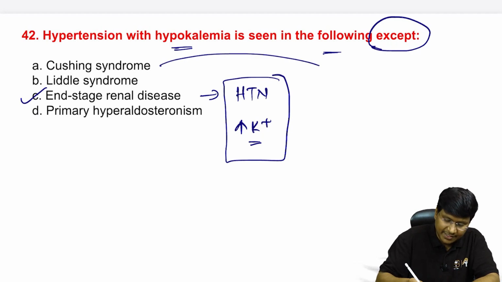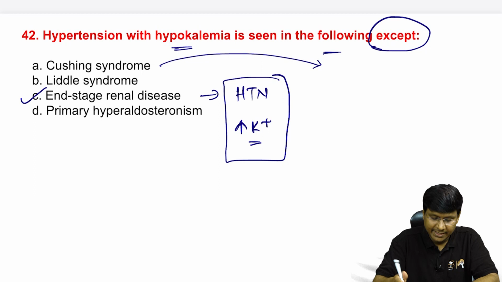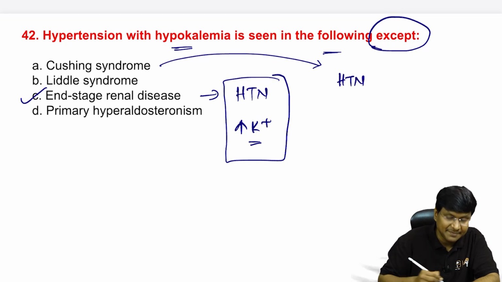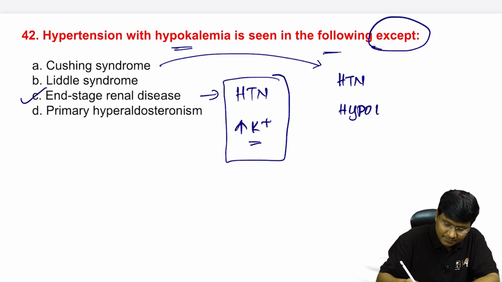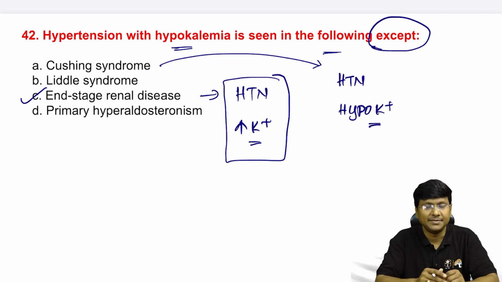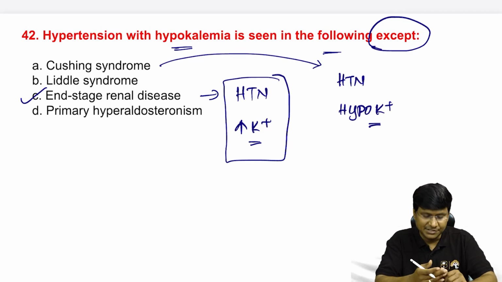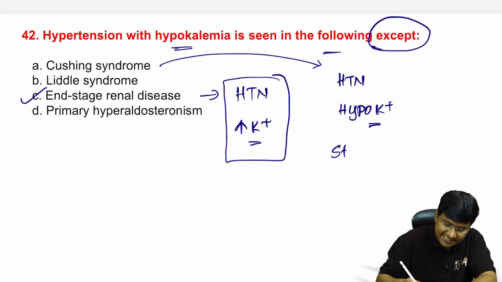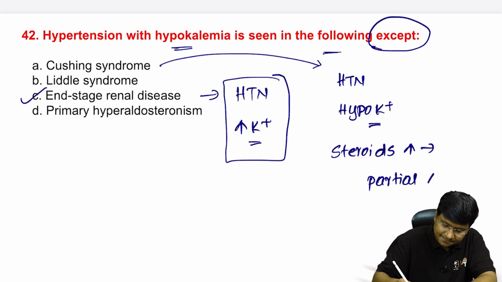Whereas you take in case of Cushing's, there will be hypertension, and they will be having hypokalemia. Why these patients will have hypokalemia in Cushing's is because the steroids, when they are produced in excess quantity, have partial aldosterone activity.